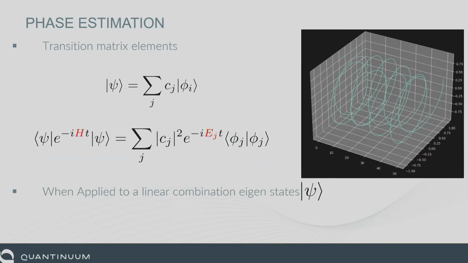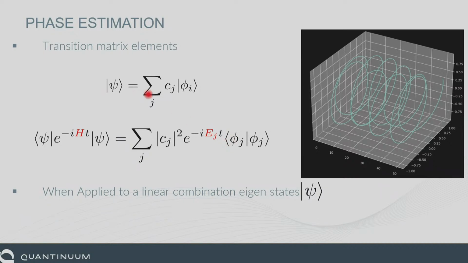Now, if you don't have an eigenstate and you have some linear combination of eigenstates, which is what we have in practice most of the time, because if we could form the ground state, then we'd solve the problem. This is one of the things that has caused a lot of issues with phase estimation, whether it's useful or not for quantum chemistry.